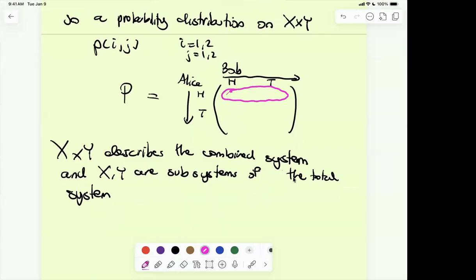What would this correspond to? That would be the probability that Alice gets heads and Bob gets heads, plus the probability that Alice gets heads and Bob gets tails.